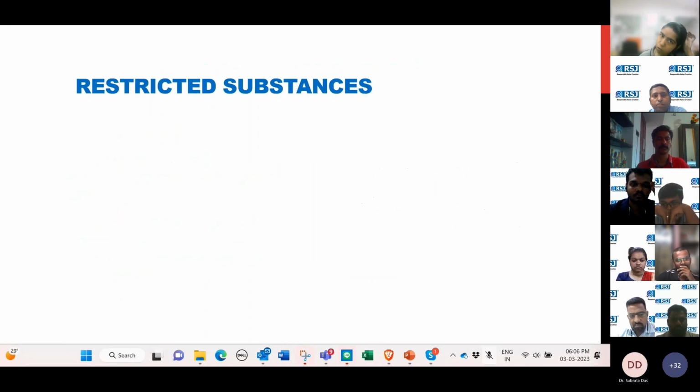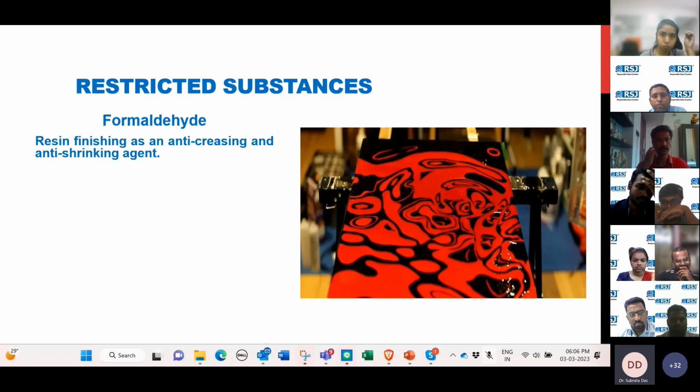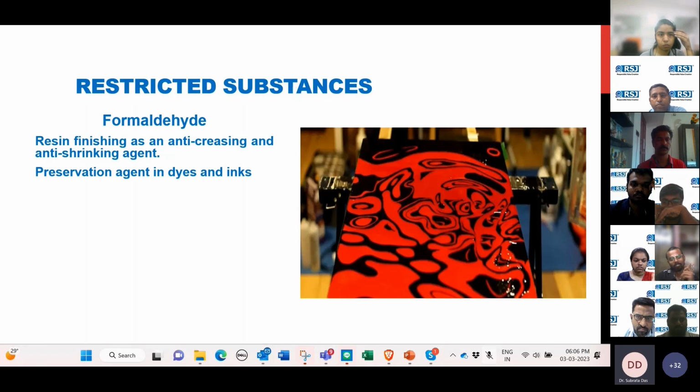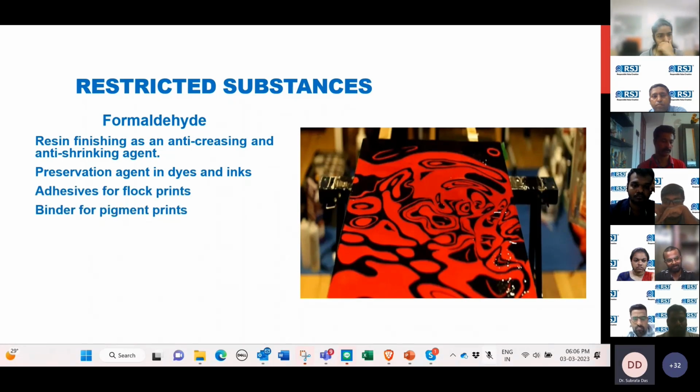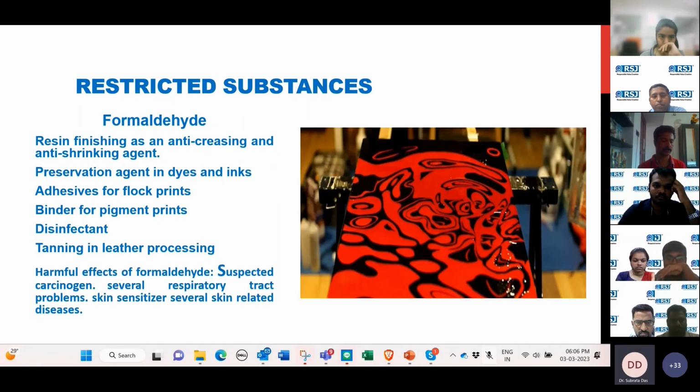So let's move on to the next restricted substance, that is called formaldehyde. Now, we cannot live without formaldehyde, because any finishing you want to give to get a functional effect, anti-creasing or anti-shrinking, requires resin finishing, like DMDHEU, one of the resins.